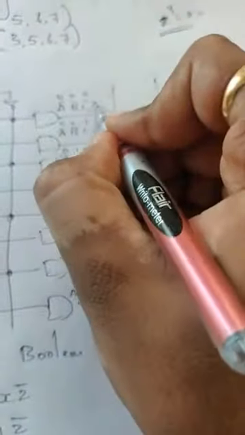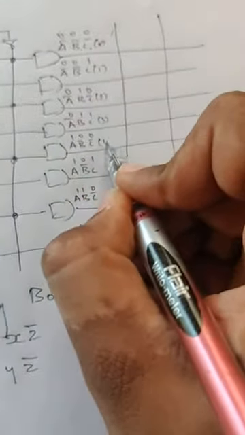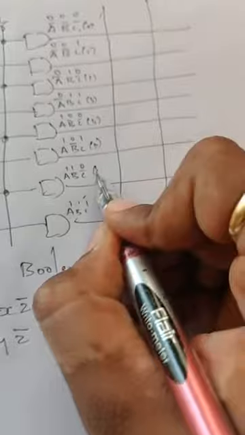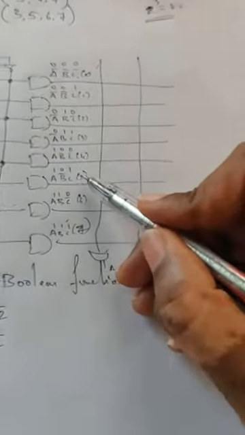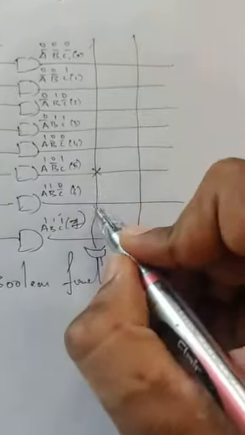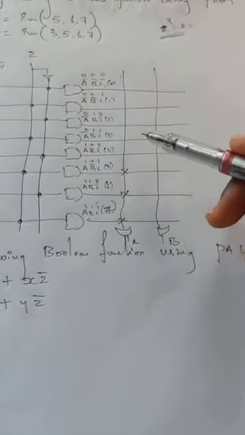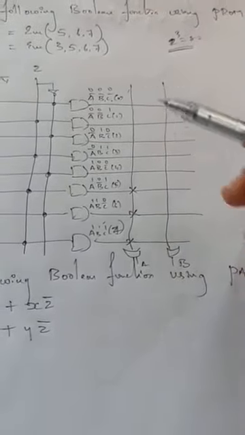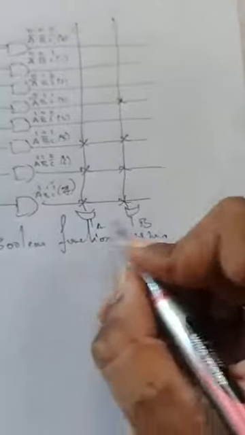This is 0, 1, 2, 3, 4, 5, 6, 7. 5 is here, put an X mark. 6, put an X mark. 7, put an X mark. We put an X mark because this is feasible. Then B is 3, 5, 6, 7. 3 is here. That's it.